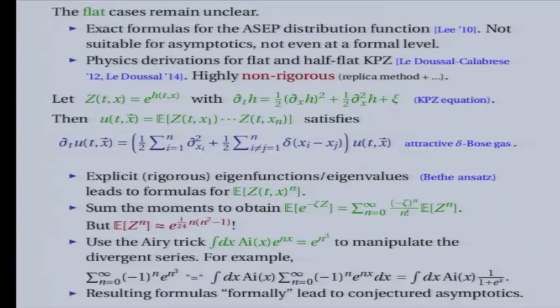And they're confident that this is correct because they get the right answer. But there's, of course, no justification for it. For instance, one thing you can do with this trick is try to sum this series, which is completely divergent. It makes no sense. And if one uses this trick, one gets this formula, which is a reasonable formula.